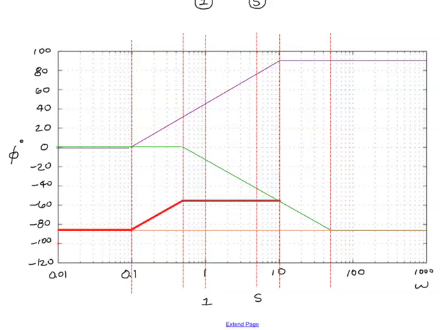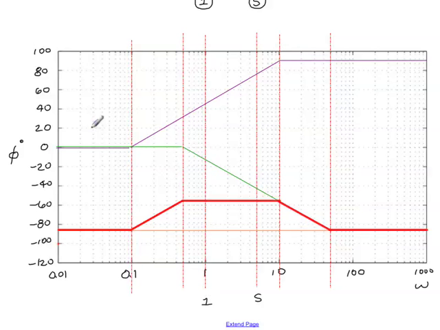One's a plus 90, the other's a minus 90. So it traces down on the green like this. And then at that point, the green and the purple knock each other out, and we got a minus 90 here as that.